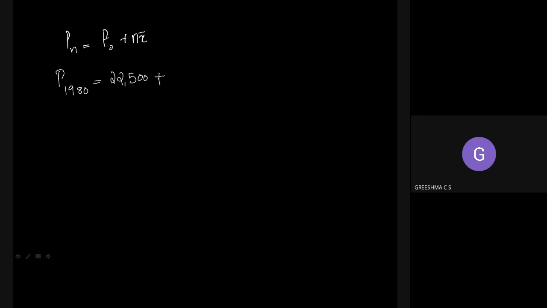Plus, N actually indicates the number of decades. So here P0 is the population for the year 1970, the last available information.